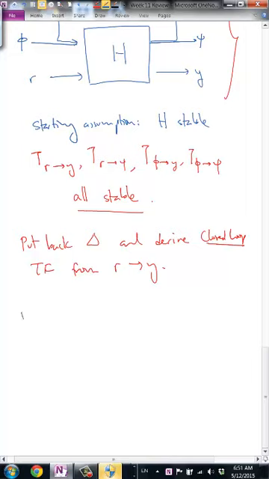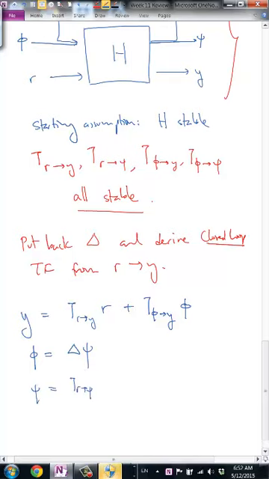So we have that y is equal to the contribution from r plus the contribution from phi. Except now that we've closed the loop, we also know that phi is equal to delta psi, and psi is equal to its contribution from r, plus the contribution from phi.